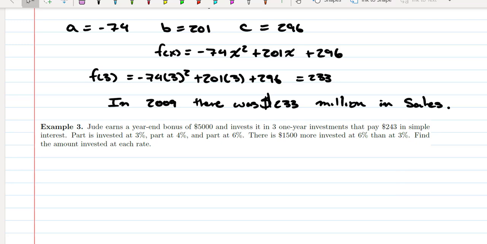Okay, so we need some variables. We're going to let x be the amount invested at 3%.